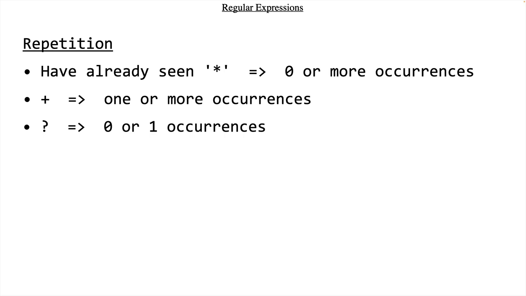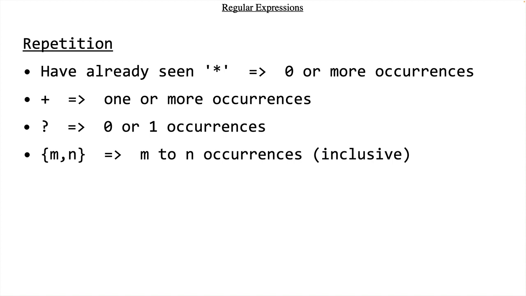So at the Unix command line, we can use things that look like regular expressions, and for the most part they're the same, but that is one difference. We can give a range of characters by putting two numbers separated by a comma in curly brackets. That means M to N occurrences, and it is inclusive.